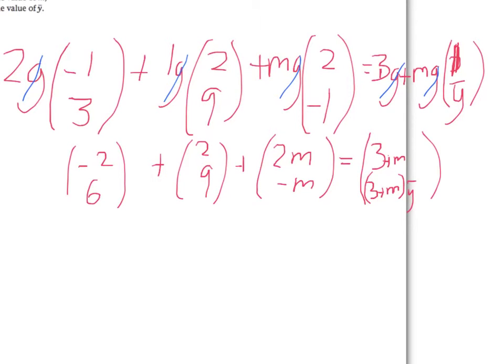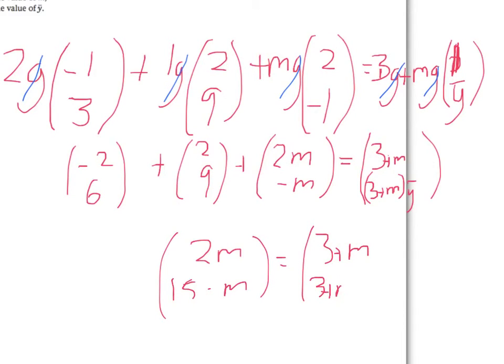So, if we tidy up the left hand side as much as we can, we have minus 2 and plus 2, which is 0, which just leaves us with 2m on the top for the x part, and for the y part, we're going to have 6 plus 9, which is 15, minus m, and that is equal to the 3 plus m and the 3 plus m times the centre of mass for y.